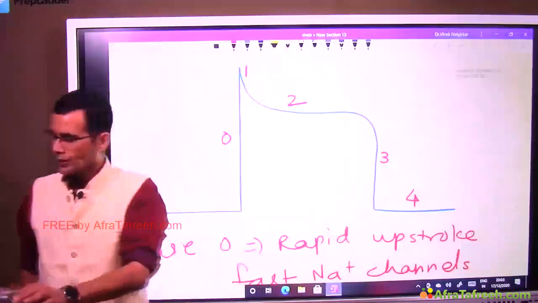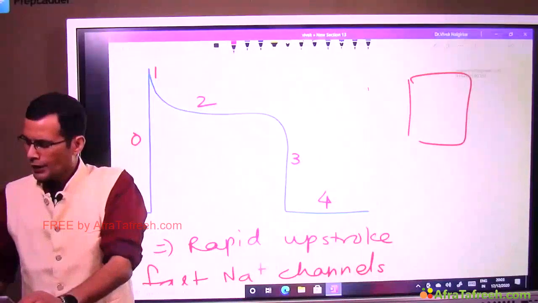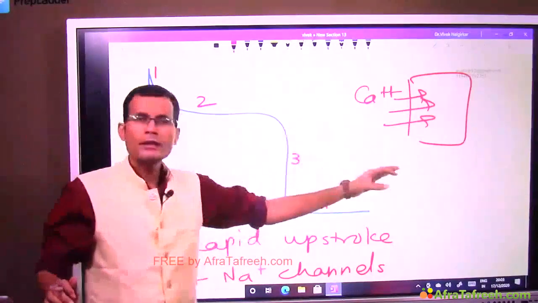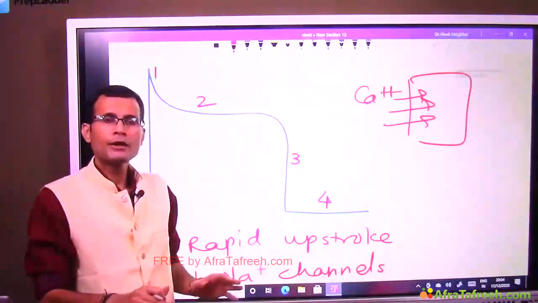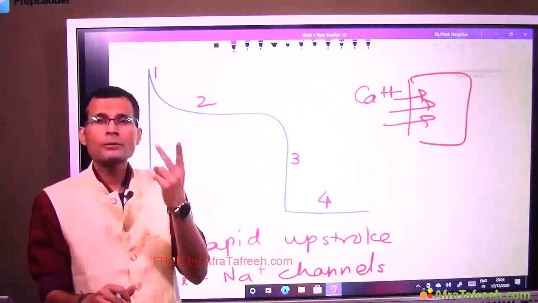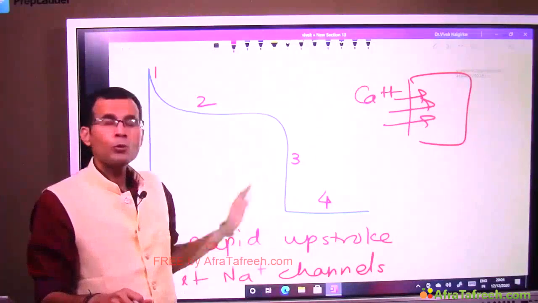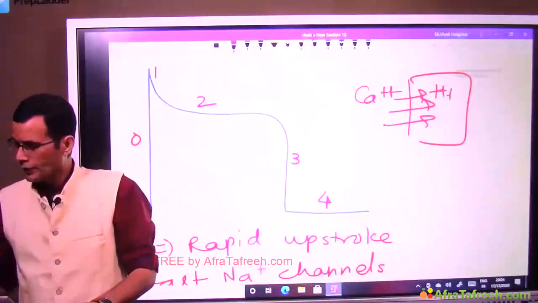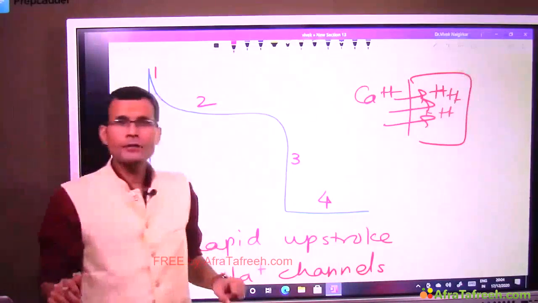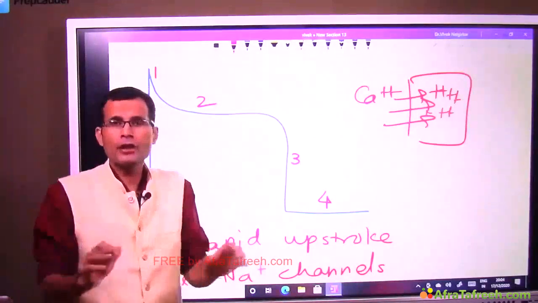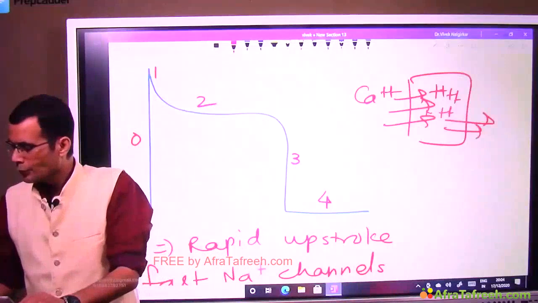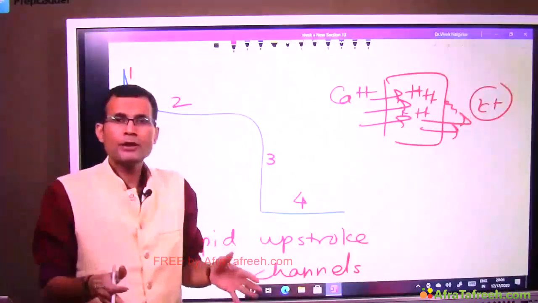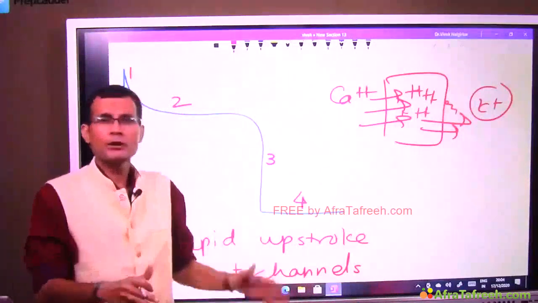How? Imagine if the calcium were to come in very rapidly. Calcium is a divalent cation, so it will bring a lot of positive charges very rapidly into the cell. And what will be the result of that? It will create an electrical gradient that will drive the potassium out very rapidly, and the repolarization will be completed very soon.